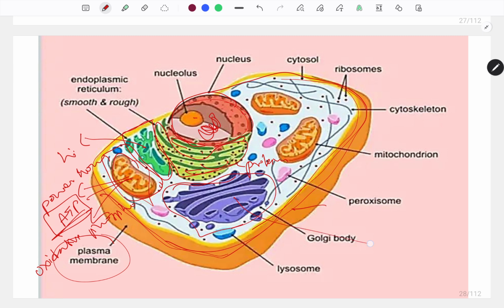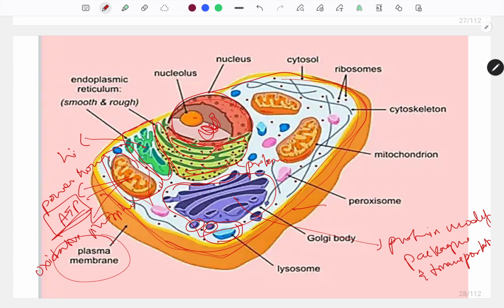And this is the Golgi apparatus. It is mainly involved in protein modification, its packaging, and transportation in the form of vesicles. And these are the vesicles, Golgi vesicles, which need to be transported now.